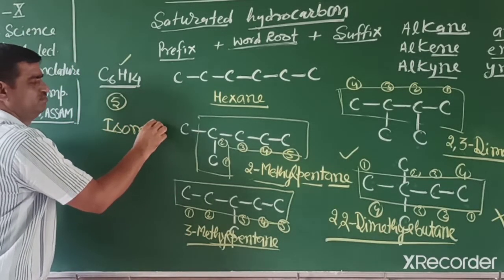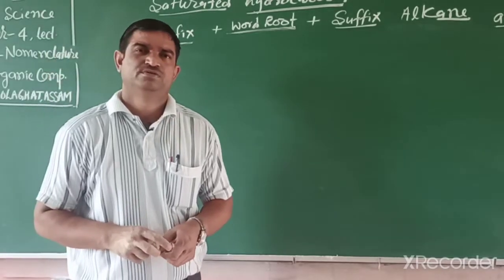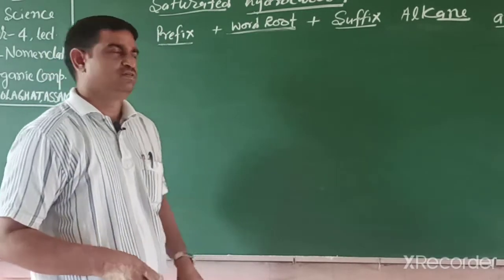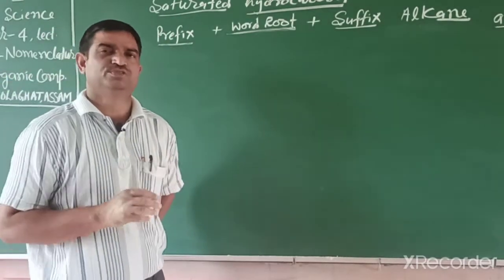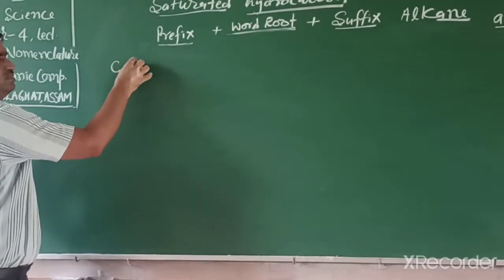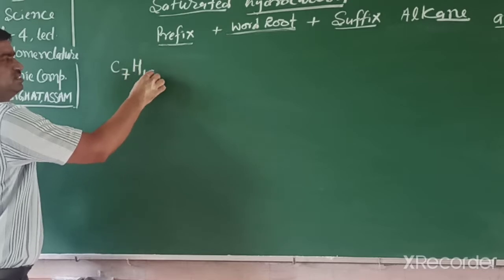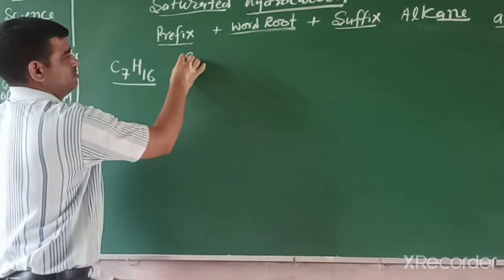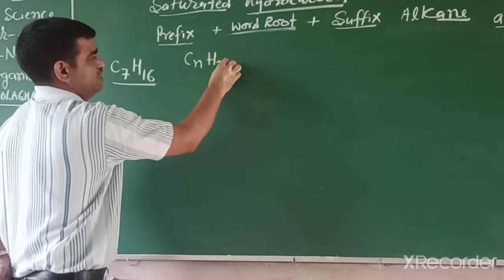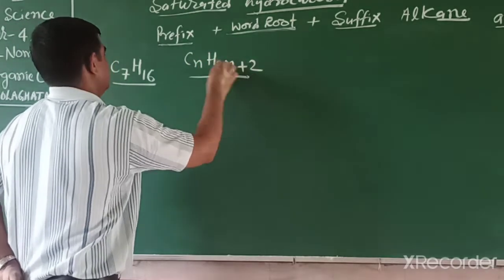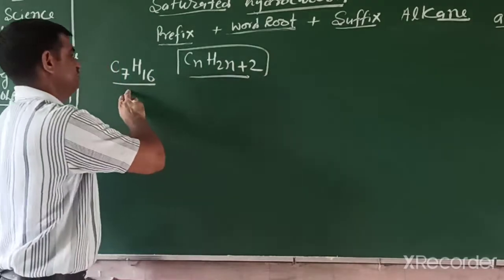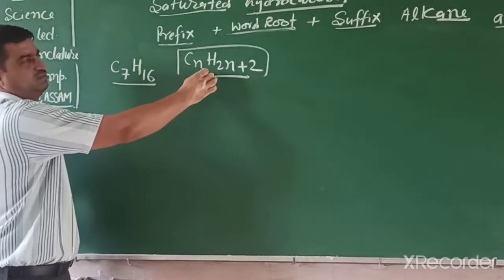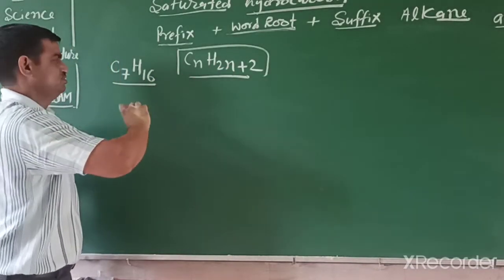Now students, today's homework is you have to write all possible isomers of C7H16, by the general chemical formula CnH2n plus 2. Like that, when carbon is 7, then hydrogen is 7 times 2 plus 2, 16.